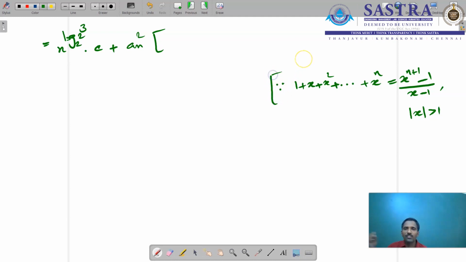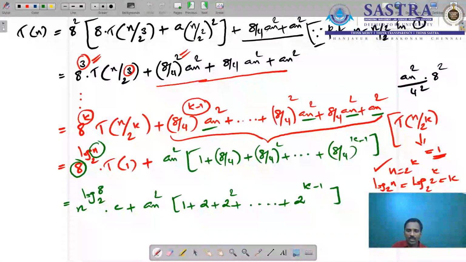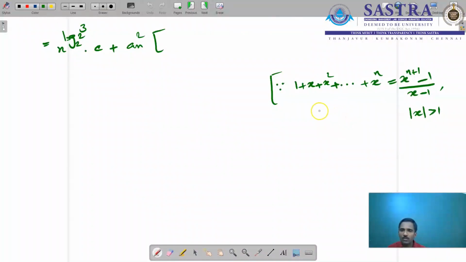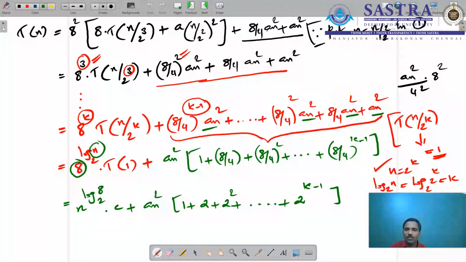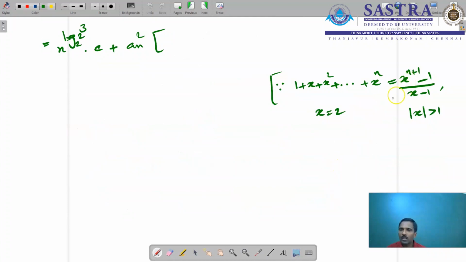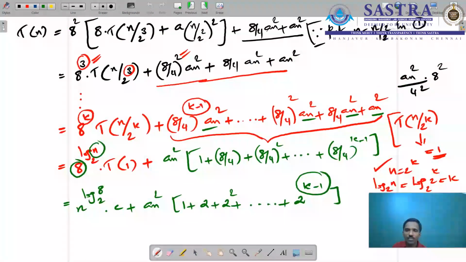So applying this geometric series, here we have x is equal to 2. 1 plus 2 plus 2 square, up to 2 power k minus 1. So x is 2, and the final power is k minus 1. So clearly n is k minus 1 and x is 2.